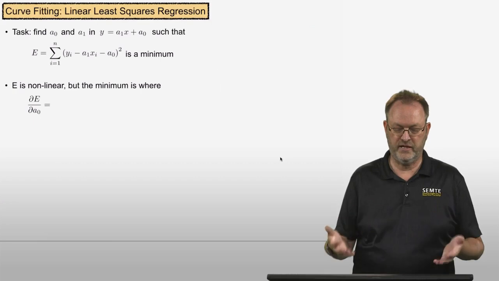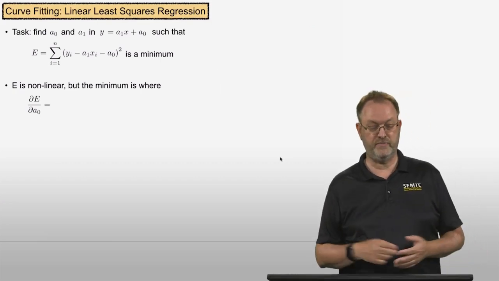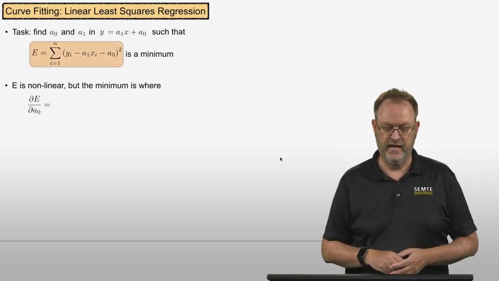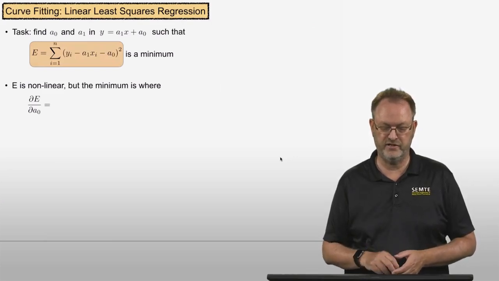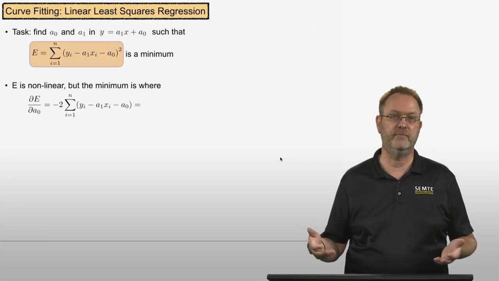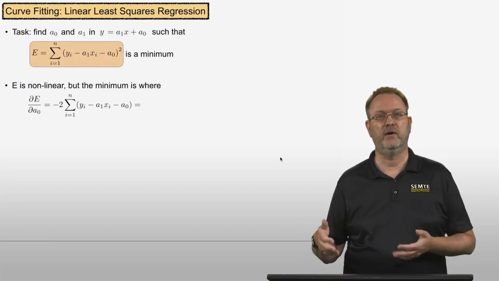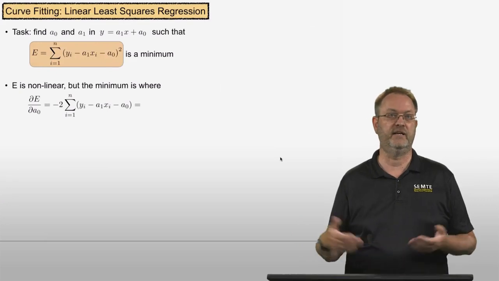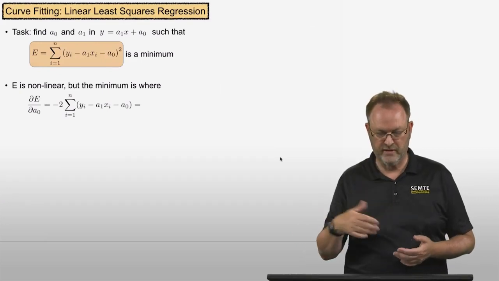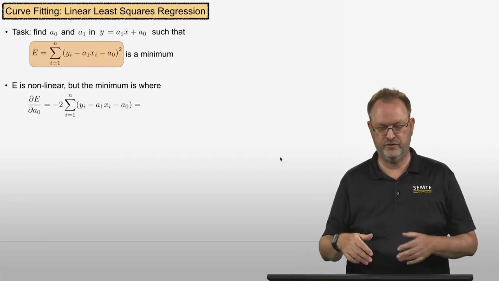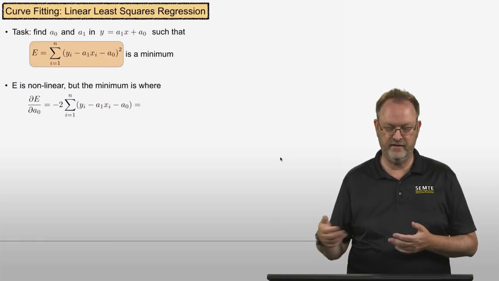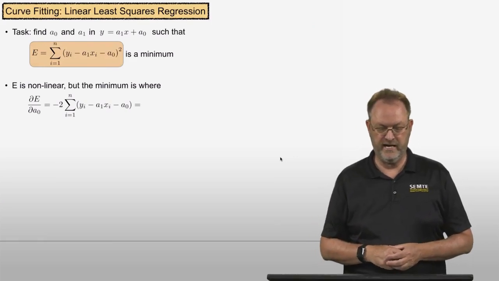So we take the partial derivative of the error with respect to a0. With this definition of the error, the partial derivative is just -2 times the sum of yi minus a1 times xi minus a0. The outer derivative is 2 times the parenthesis, times the inner derivative, which would be -1.